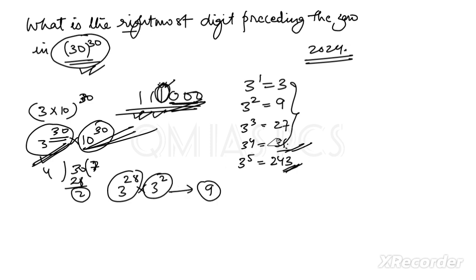That means the digit before the 0 is 9. That's why we have to understand cyclicity, the periodicity. So your answer is 9. The options were 1, 3, 7 and 9, so the answer is 9.